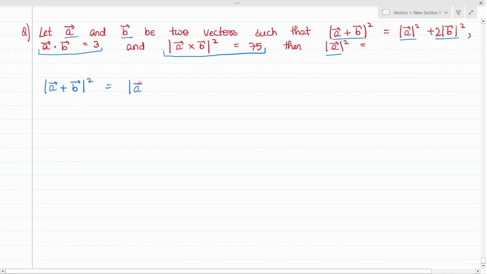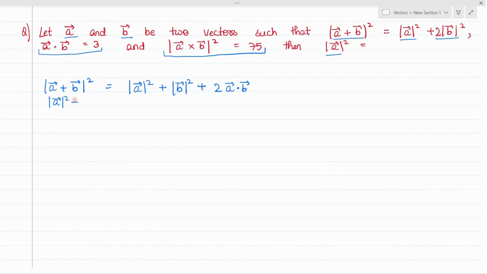It is nothing but A square plus B square plus 2 times of A dot B. But in question, this condition is given as mod A square plus 2 times of mod B square is equal to A square plus B square plus 2 times of A dot B, which is nothing but 3. I mean, A dot B is given as 3. A square gets cancelled. It becomes mod B square is equal to 6.